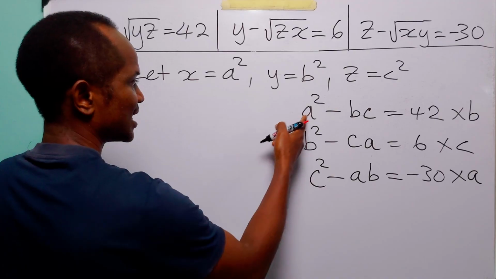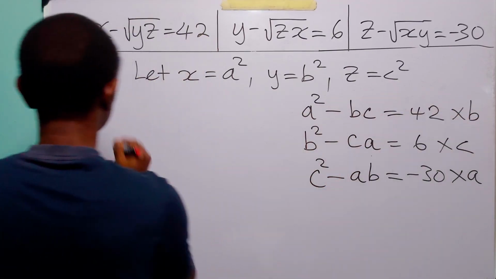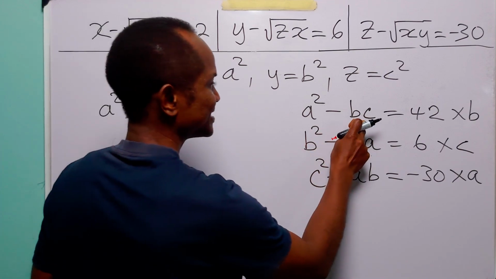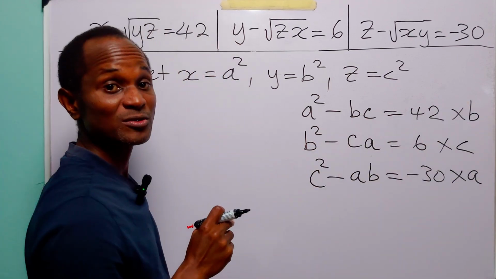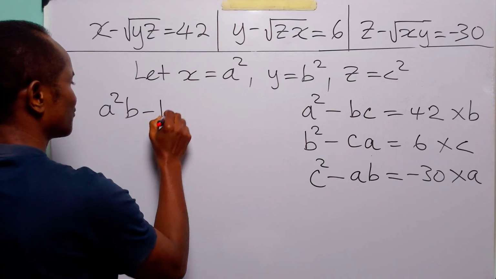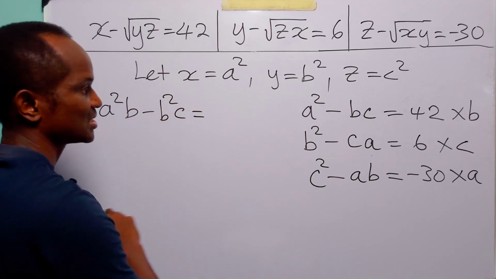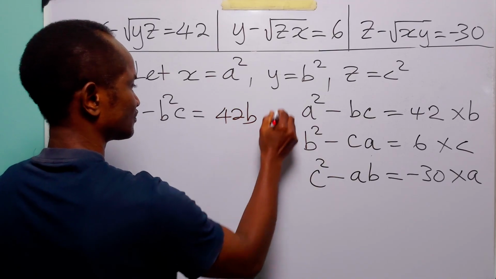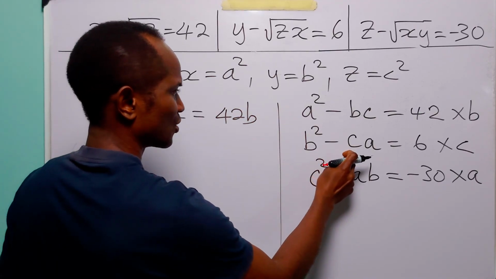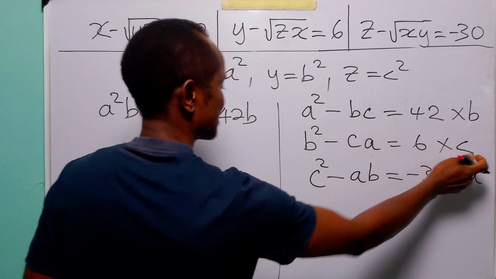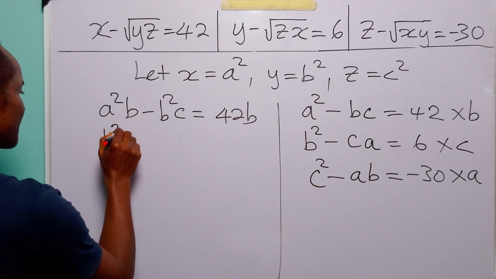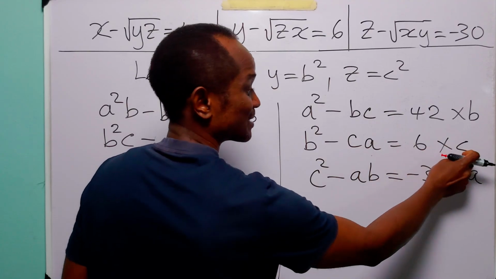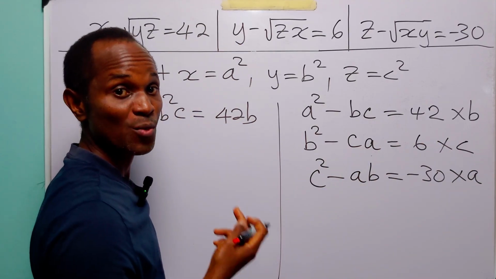When we do this, we have a squared b minus bc times b is equal to b squared c. So here we have b squared c. And of course, this is going to be equal to 42b. In the second equation, we have b squared times c minus ca multiplied by c is equal to c squared a.